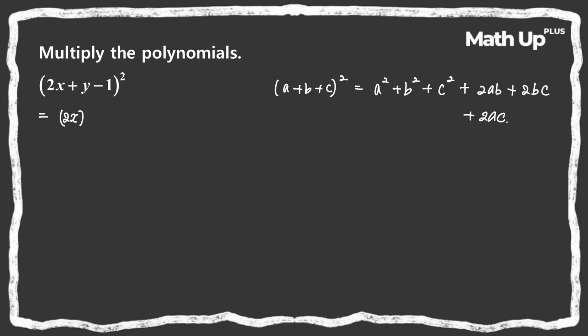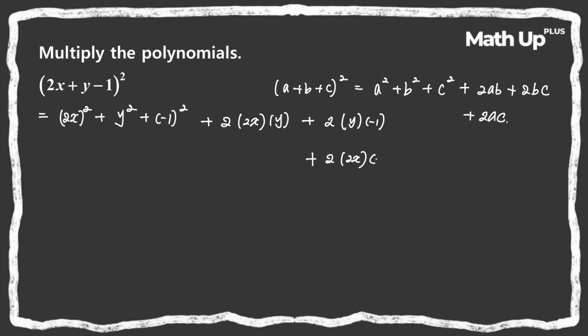the first term squared, the next term squared, the third term squared, plus 2 times the first two terms, 2xy, plus the next two terms, y and -1, plus 2 times the first term and the last term.